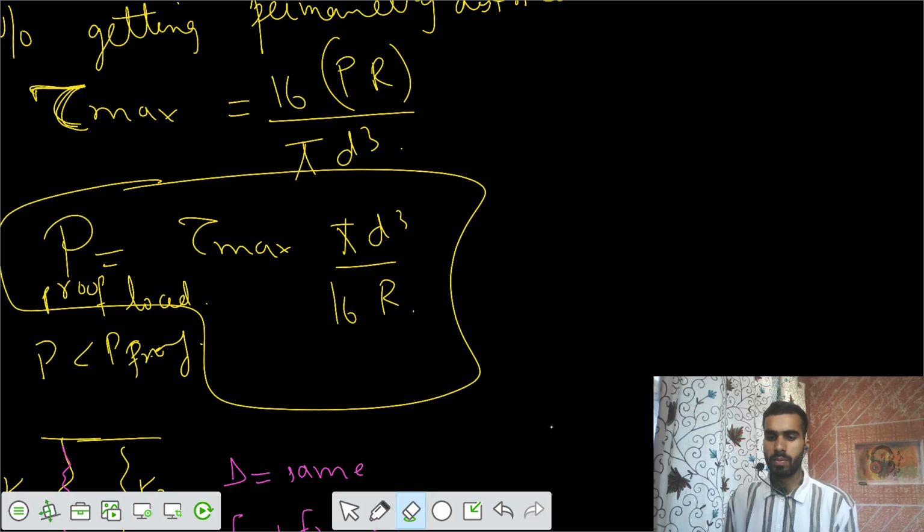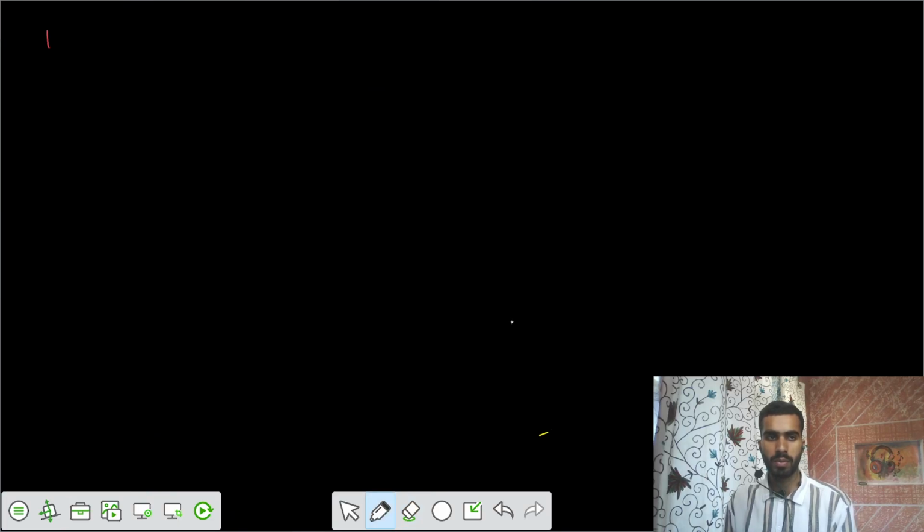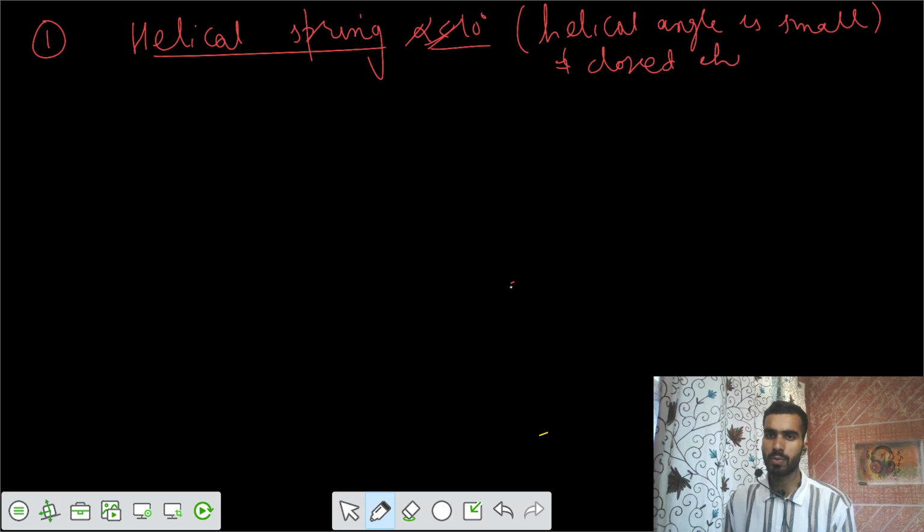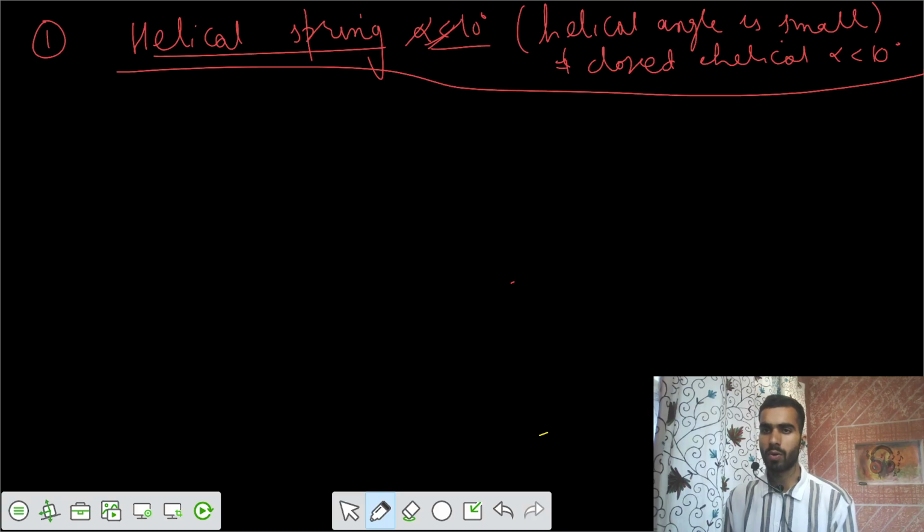We have a helical spring with alpha less than 10 degrees helical angle. It's mentioned that the helical angle is small. That is a hint that we are talking about a closed helical coil spring, that is alpha less than 10 degrees.